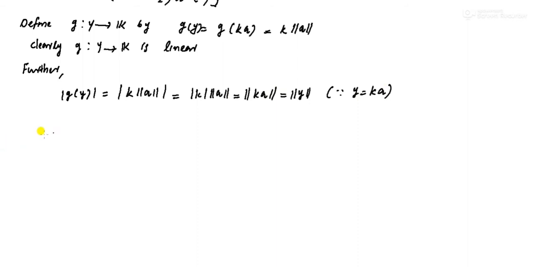That is mod g of y equal to norm y. Therefore g is bounded. That is g is a bounded linear map, so g element of Y*.